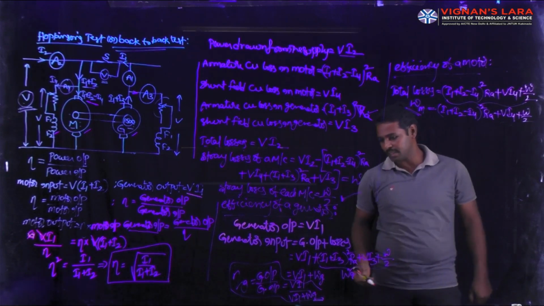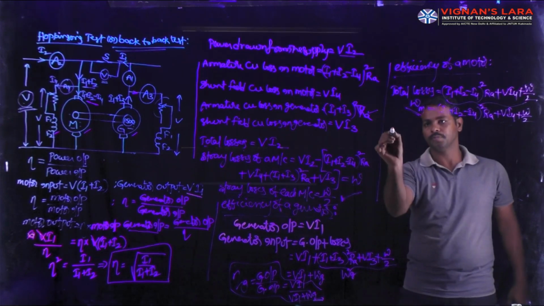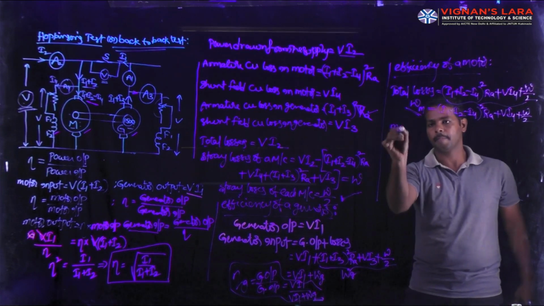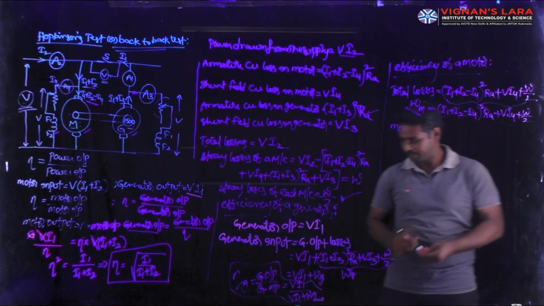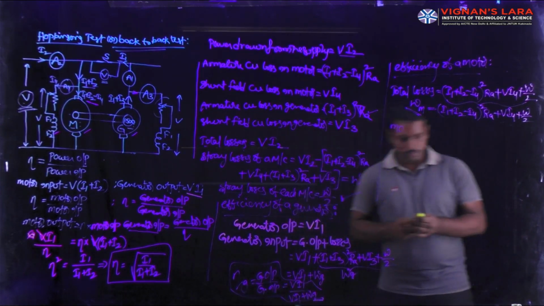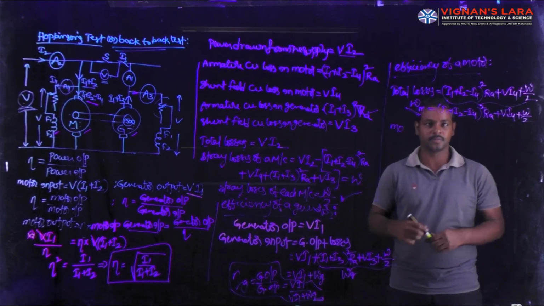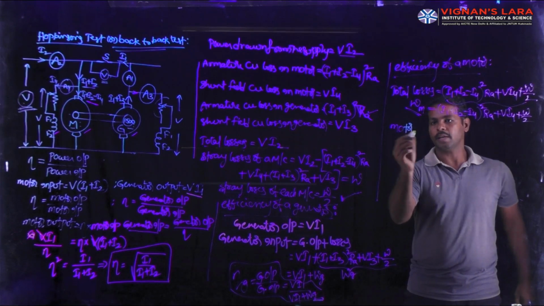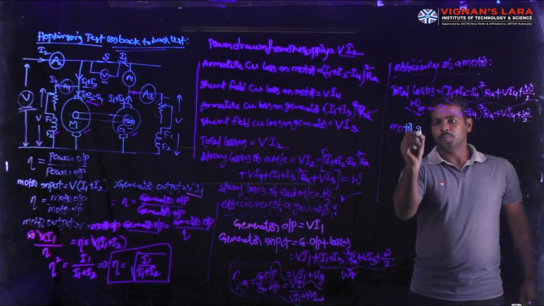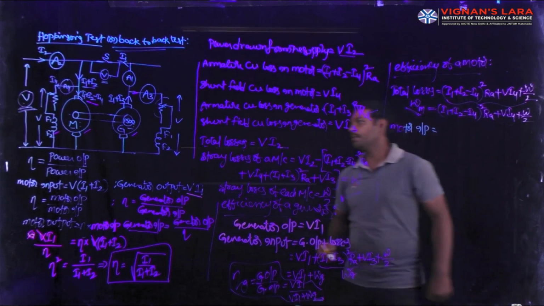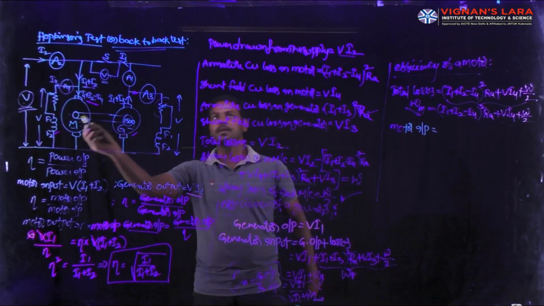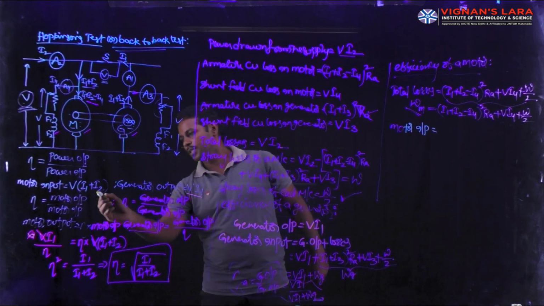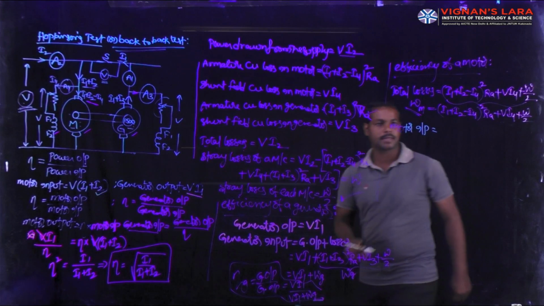Then for the motor efficiency, the motor input is equal to V into (I1 plus I2).